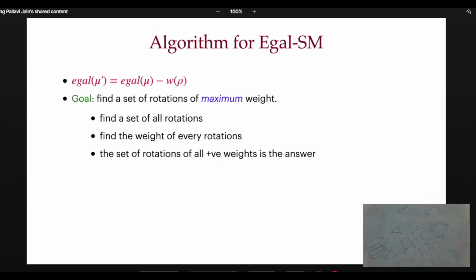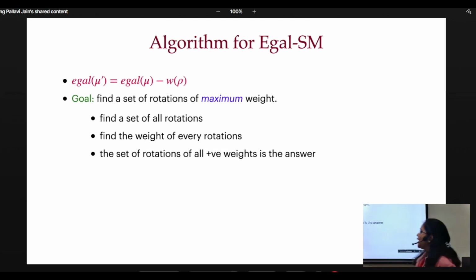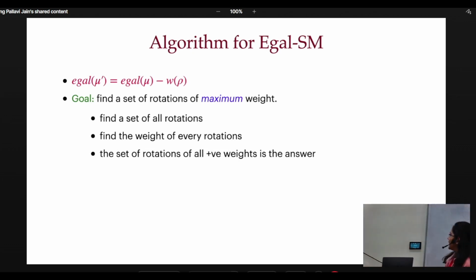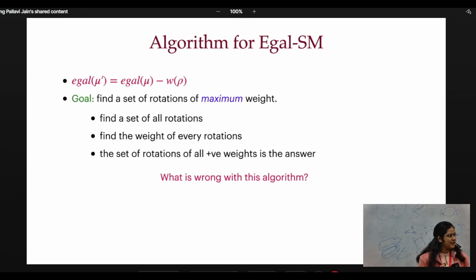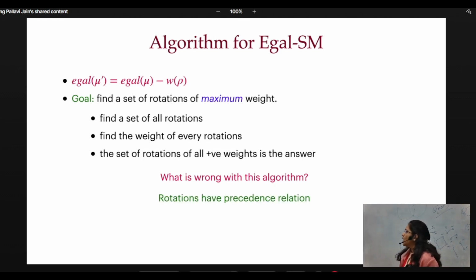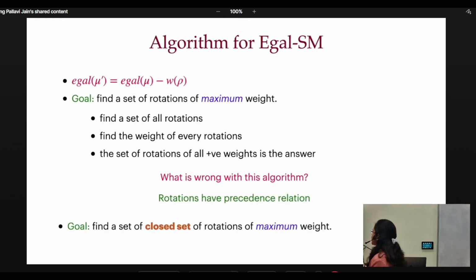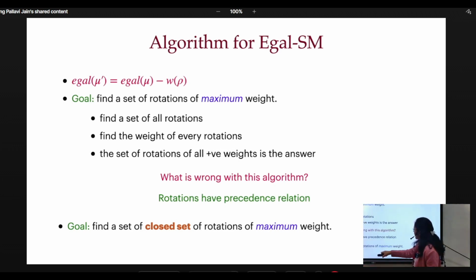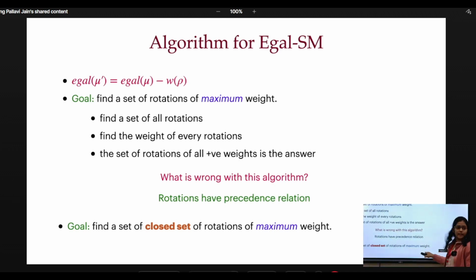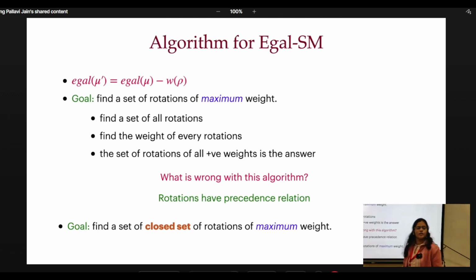There is a precedence relation, there is a closure property. So this algorithm is not correct. This is not actually our goal. Our goal is to find a closed set of rotations of maximum weight. This closed set was missing earlier in our previous goal.